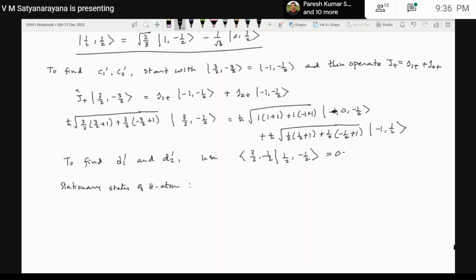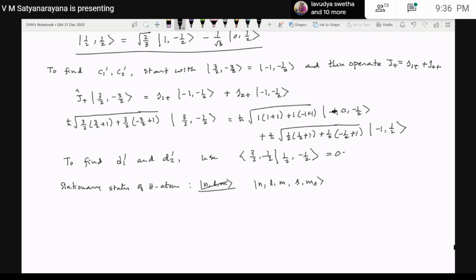Okay, so they are in terms of these quantum numbers n, l, and m. Or let me put it more generally: n, l, m, s, and ms, if you have a spin.